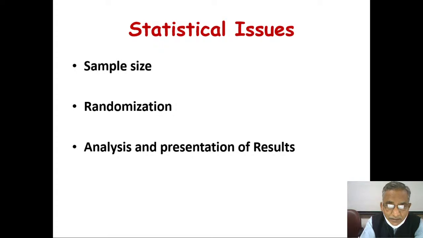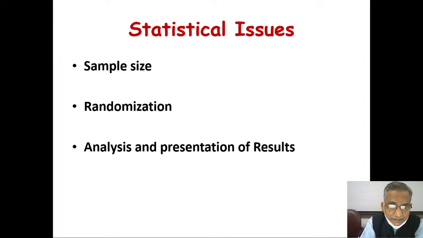The principles for allocating this participant to either of the two groups are based on methods of randomization, because this participant should have an equal chance of being allocated to either group. So there are methods for doing randomization. Why we do randomization, we'll discuss that. So that is the second part.